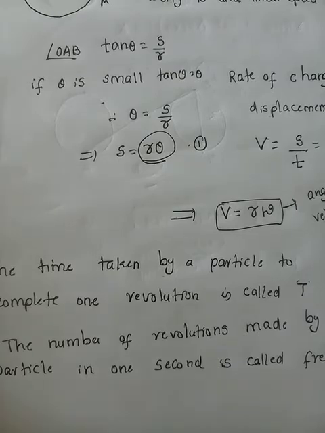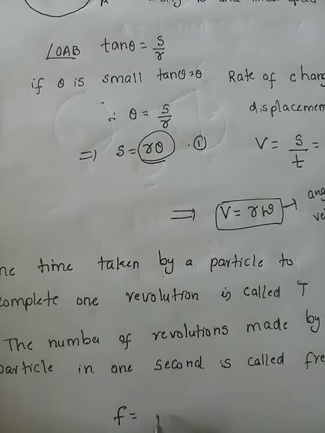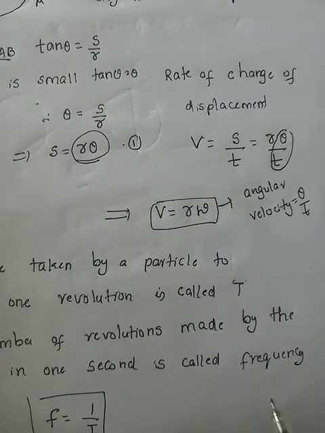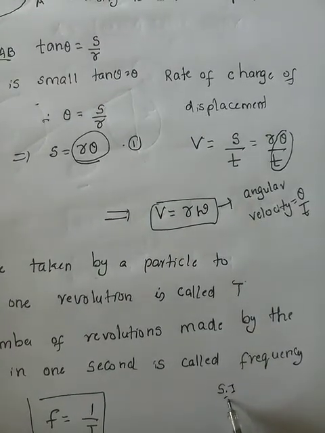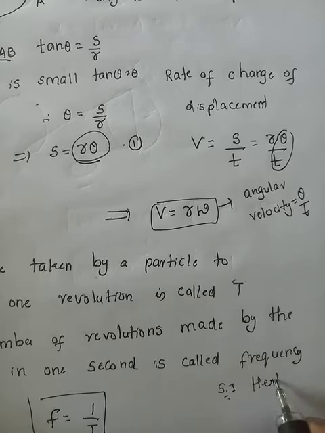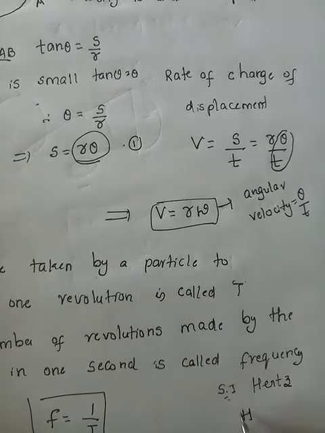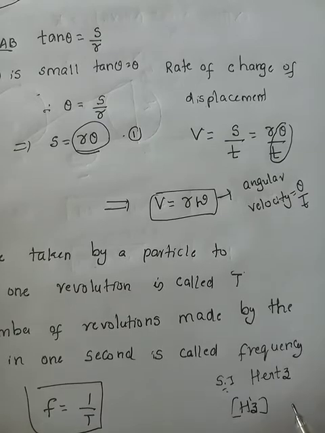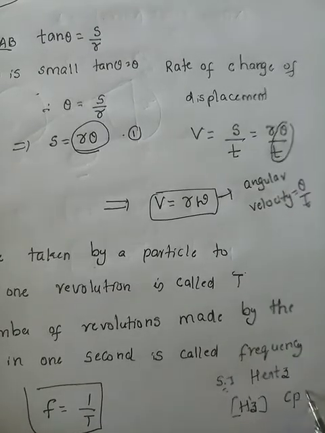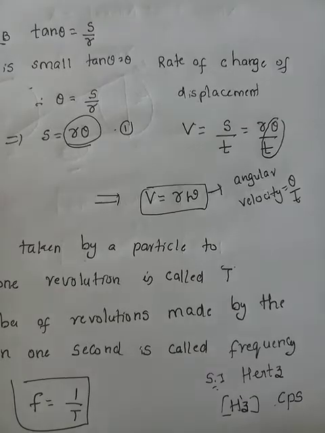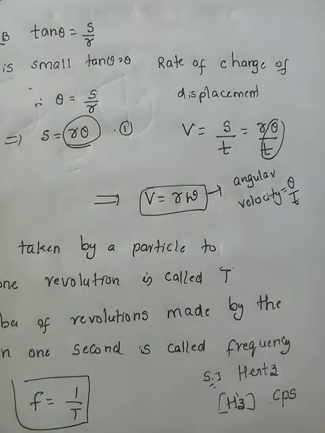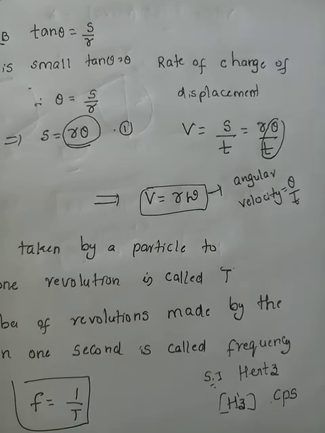There is a relation between these two, that is f is equal to 1 by T. Frequency is measured in hertz, representable by the letters Hz. There is one more unit, called CPS, that is cycles per second or rotations per second. Time period, as you know, is measured in seconds.